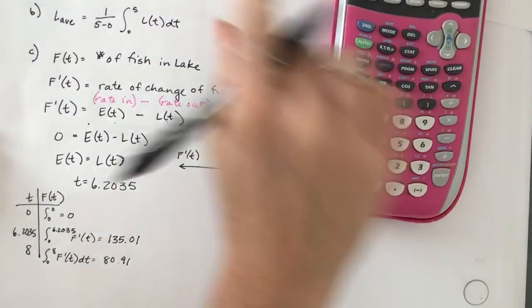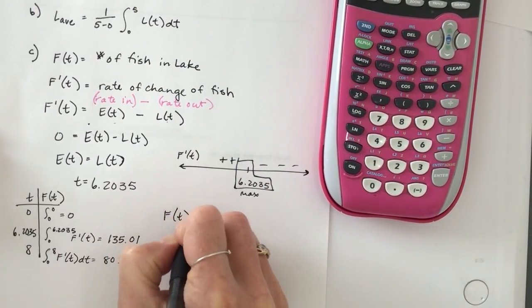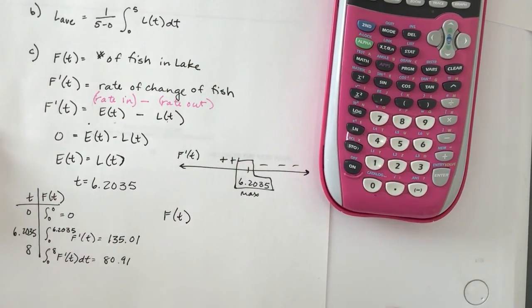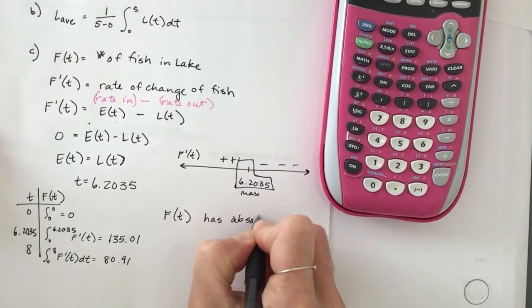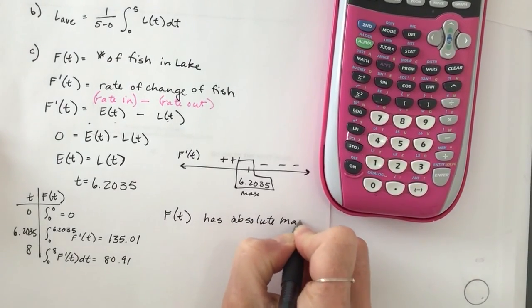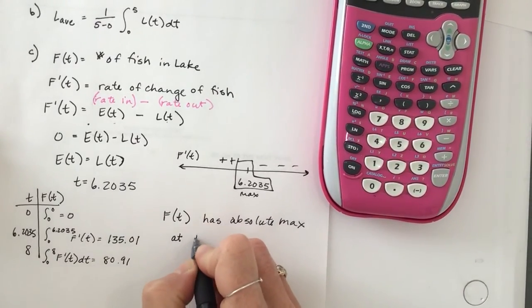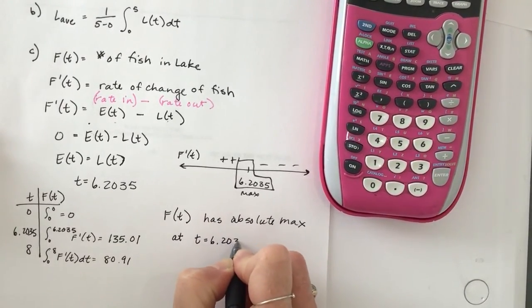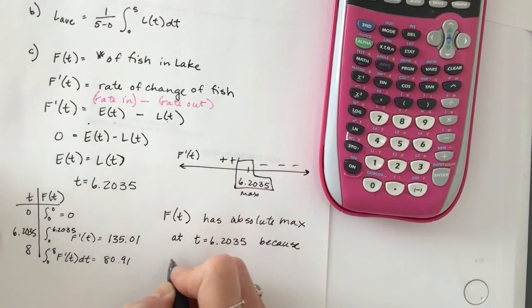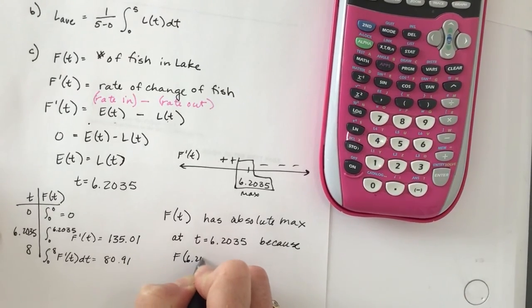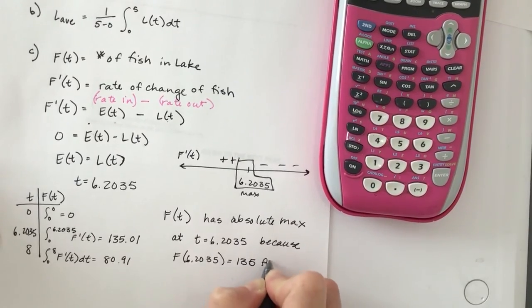So we have to justify our answer. And I can use f of t, or you can write out the number of fish in the lake has absolute max at t is equal to 6.2035 because f at 6.2035 is equal to 135 fish.